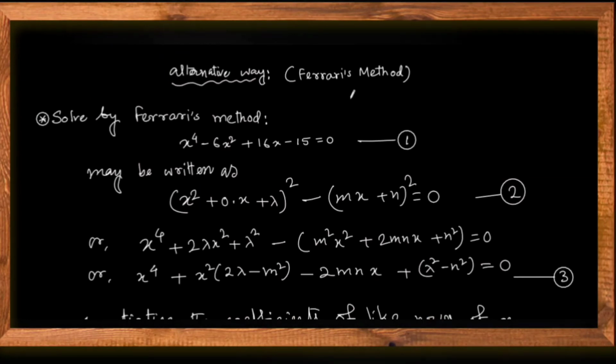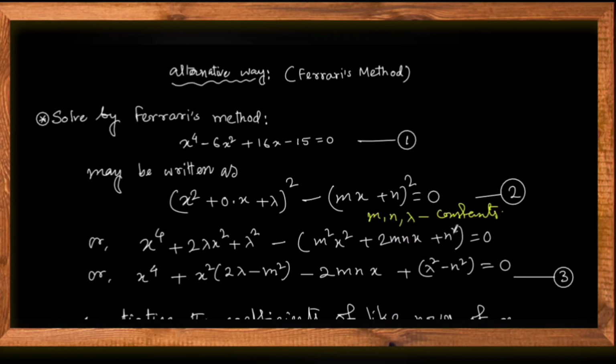Another example solved by Ferrari's method. Consider the example x to the power 4 minus 6x square plus 16x minus 15 equals 0, and name it 1. This equation may be written as (x square plus 0x plus lambda) whole square minus (mx plus n) whole square equals 0, because there is no x cube term, so the coefficient of x cube is 0, where m, n and lambda are constants.